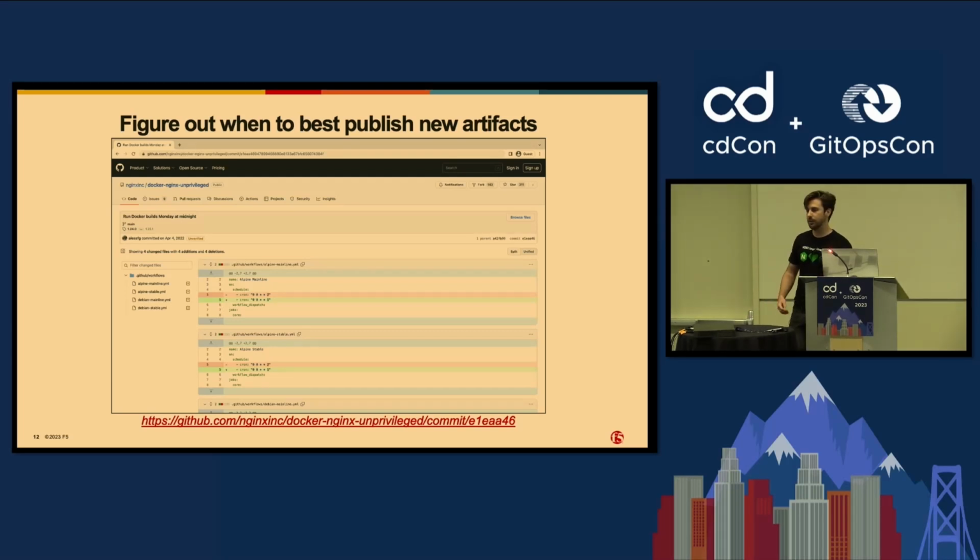For the Docker NGINX unprivileged project, what we ended up settling on is a weekly basis, every Sunday night or Monday morning at midnight. I think it's CST, the default GitHub Actions time zone. New Docker images are built and published to Docker Hub, to the GitHub Container Registry, and to the Amazon ECR registry.